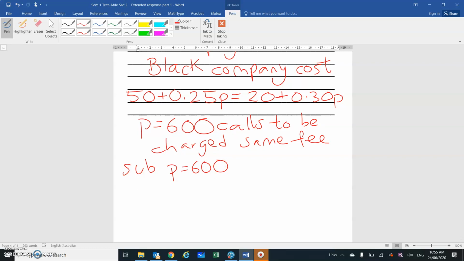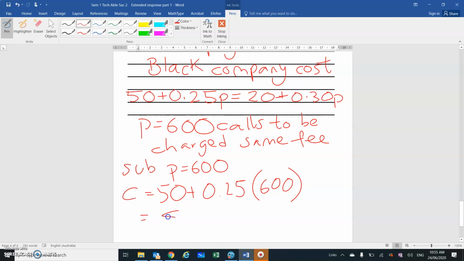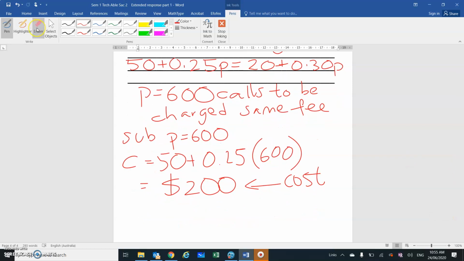So the cost equals 50 plus 0.25 times 600. And what does that equal? The cost is 200. So this is the fee.